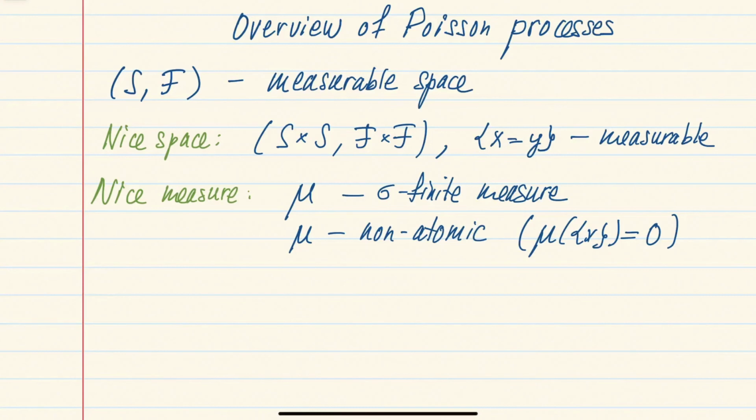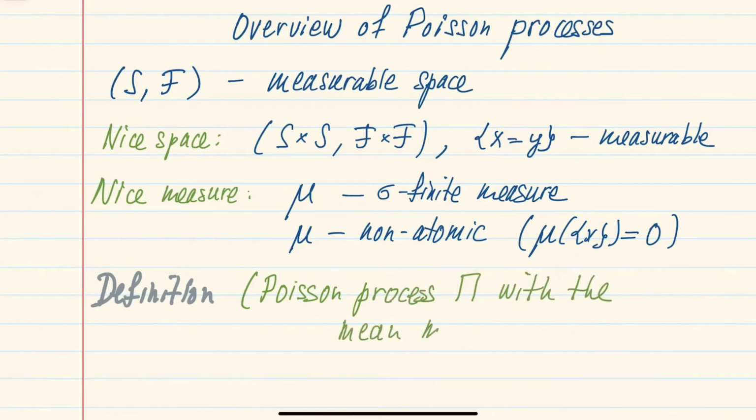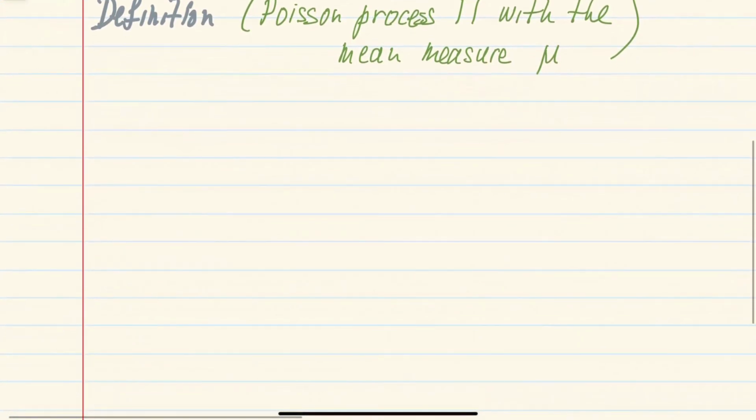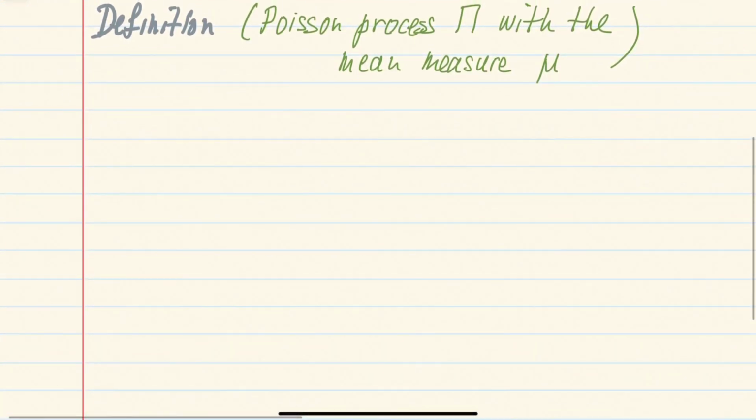And so given these, now we can give a definition of a Poisson process on this space with this mean measure mu. Okay, so the definition will be a little bit lengthy. First, we suppose that our measure mu is decomposed into a series of finite measures.